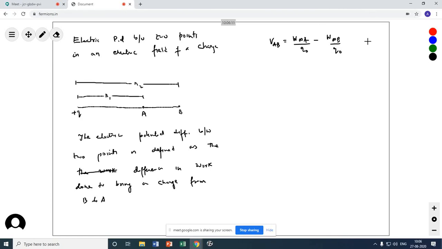You can give this definition also: the electric potential difference between any 2 points A and B is defined as the work done to bring a test charge from infinity to A minus the work done to bring a test charge from infinity to B.